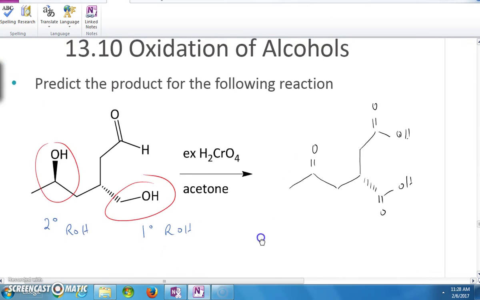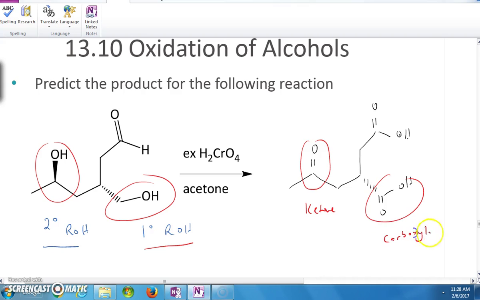And of course, if we're going to predict the product for the following reaction, we know that this is a secondary alcohol, so it will be oxidized to the ketone. While this is a primary alcohol, and it will be oxidized to the carboxylic acid.